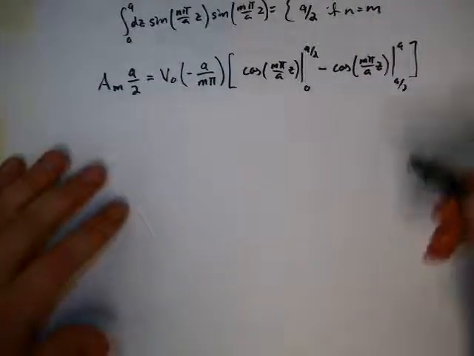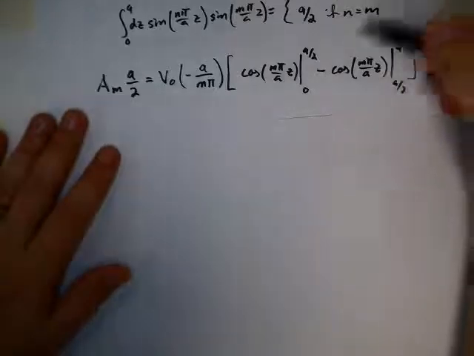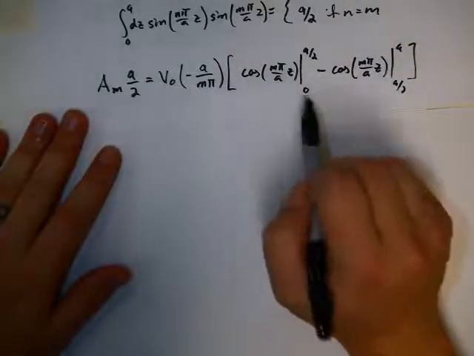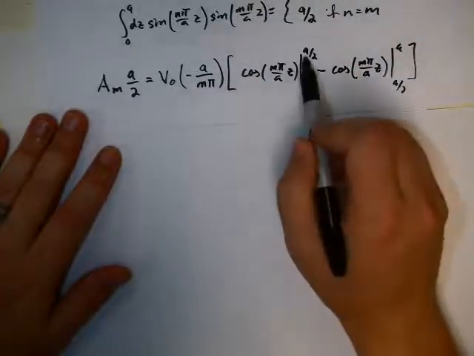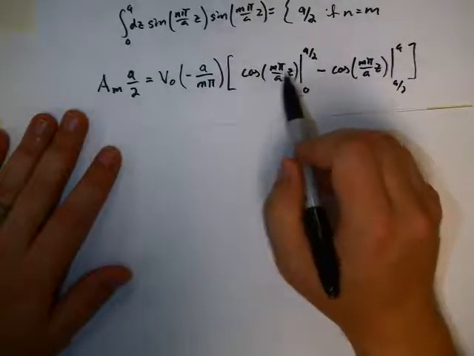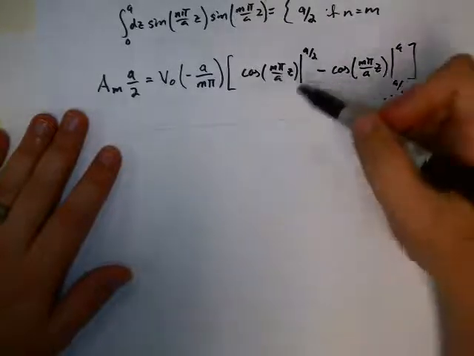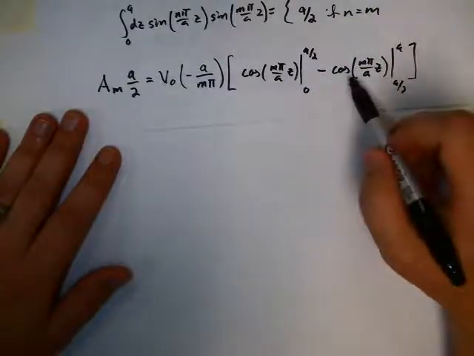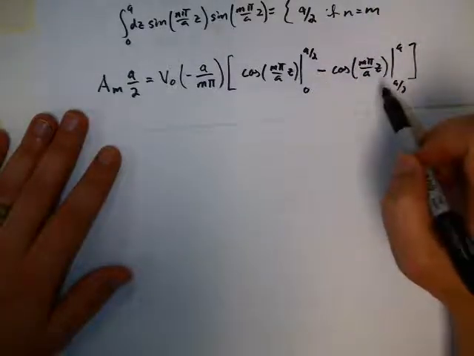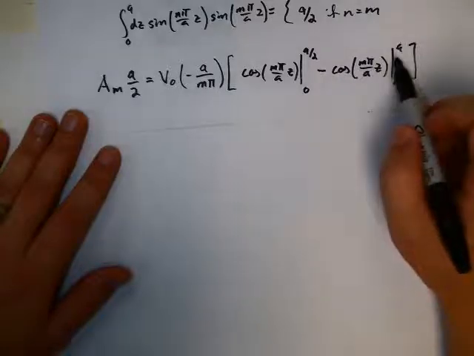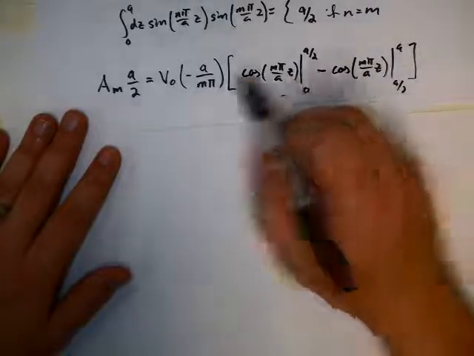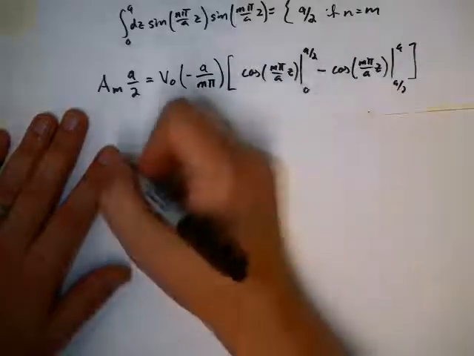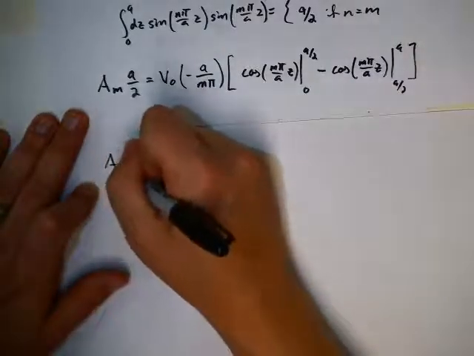Just continuing the algebra, cosine of 0 is 1, and this is cosine of m pi over 2. I'm going to get a positive cosine of m pi over 2 from this one, and a positive cosine of m pi over 2 from that one. I'm going to get a negative cosine of m pi and a negative 1, and a negative here. So I'm going to write this out. So this is a_m.